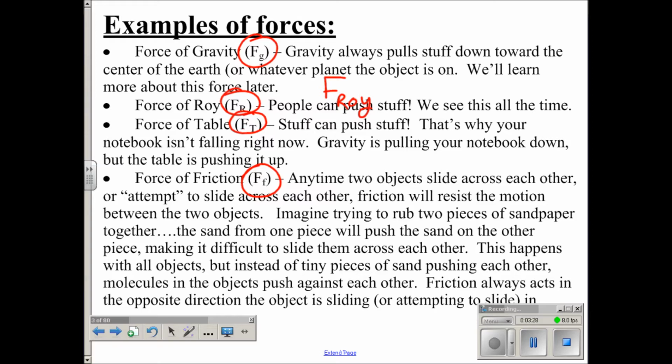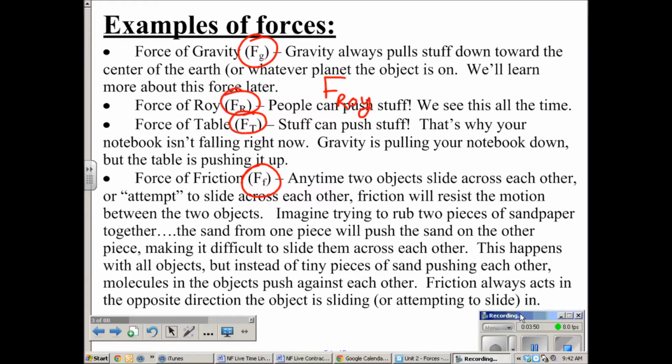It looks like sandpaper, kind of. And so if you imagine trying to rub two pieces of sandpaper together, the sand from one piece is going to push the sand on the other piece, making it difficult to slide them across each other. Friction is the same thing, except instead of pieces of sand pushing against each other, it's the molecules of the two objects that are sliding across each other.